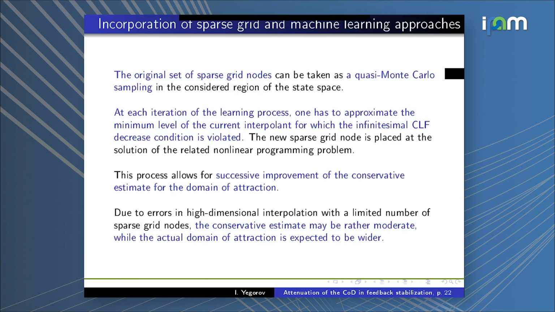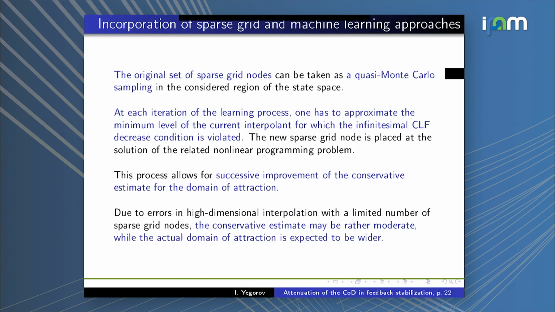And then we try to see how good this approximation is in terms of stabilization. So we just consider that this is some control Lyapunov function, and we want to test where the decrease condition for this function is satisfied. Then at each iteration of our process, we have to find the minimum level of our approximation such that the decrease condition for it is satisfied everywhere inside this level.